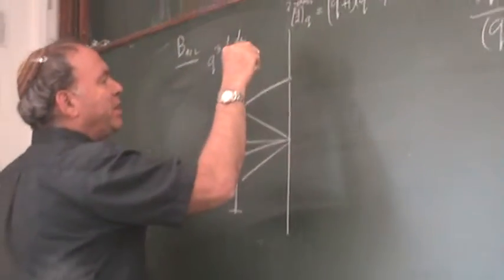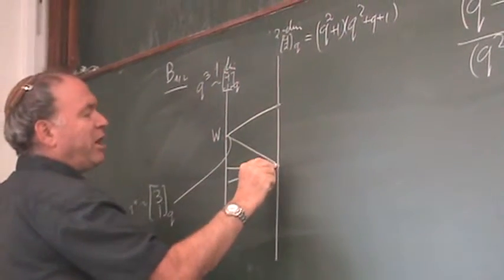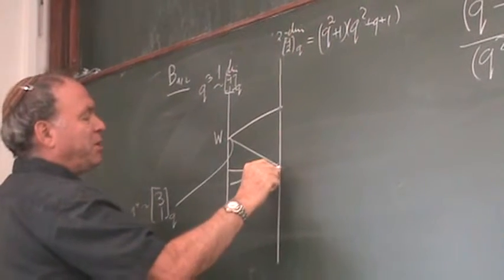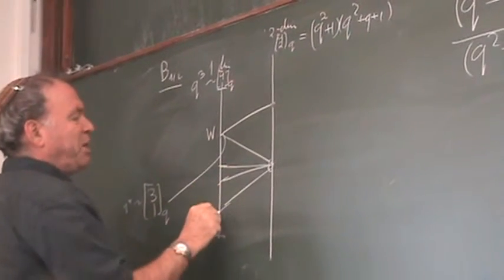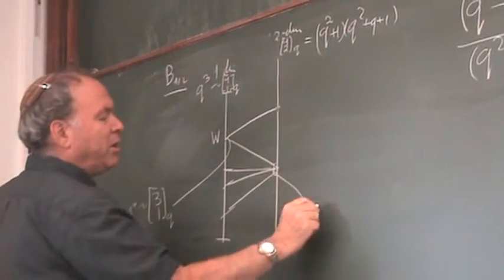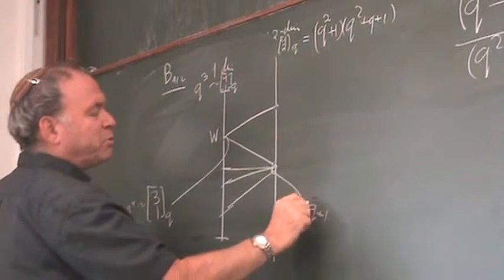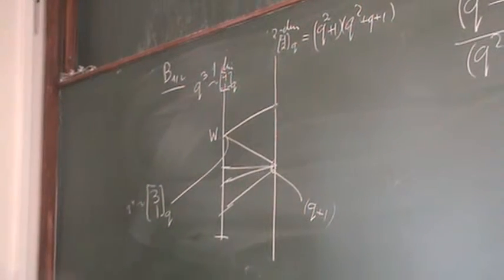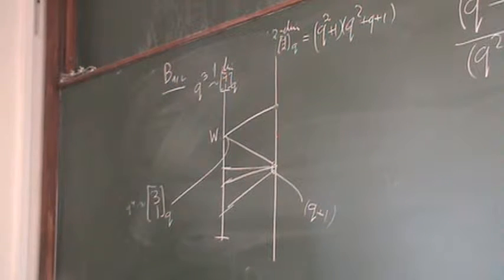And on the other end, given a two-dimensional space, how many one-dimensional spaces are contained in it is exactly q plus 1. Okay?